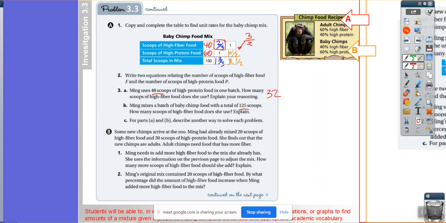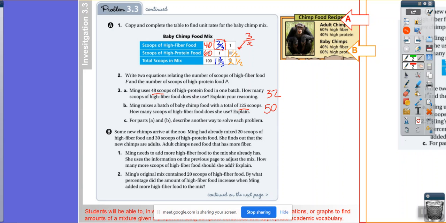So if we have a total of 125 scoops, how many scoops of high fiber food does she need to use? 50. 50? Yes. Okay. So thumbs up or thumbs down for these two problems? Thumbs up. Thumbs up, okay.